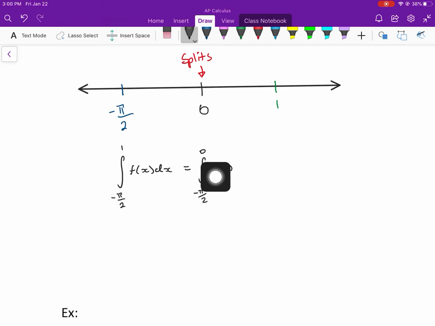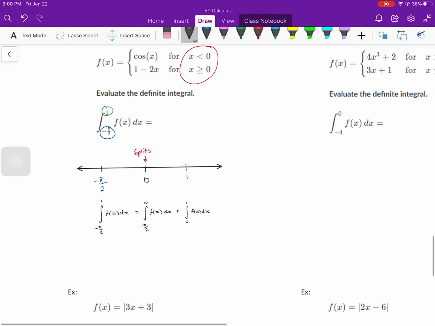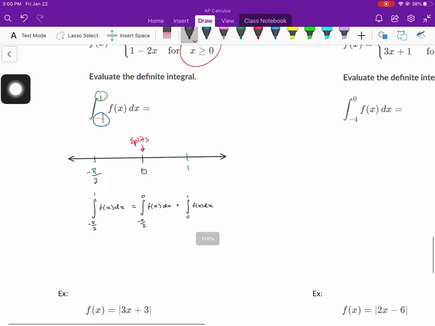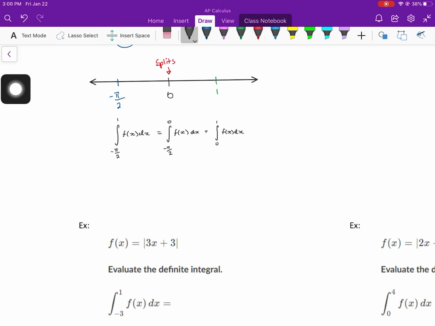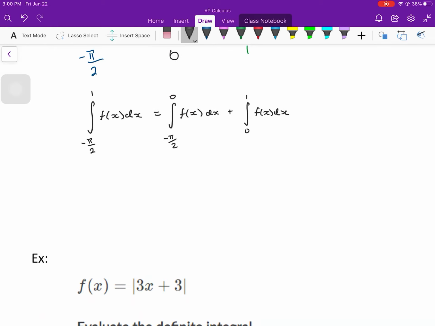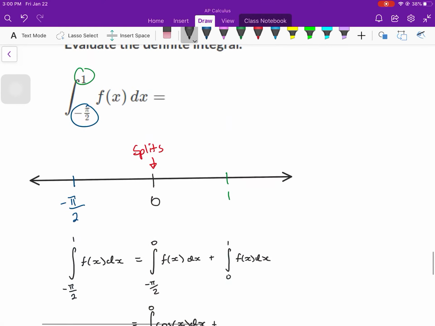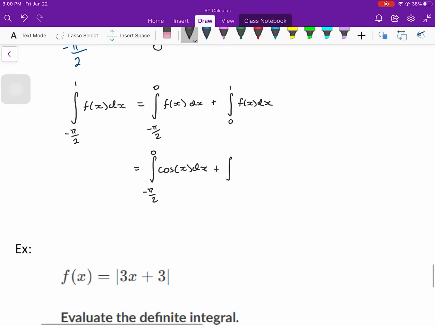That's going to be the interval on the left from -pi/2 to 0. And then we'll have from 0 to 1. So to the left is cosine, and then to the right is 1 minus 2x. What was it again? 1 minus 2x.